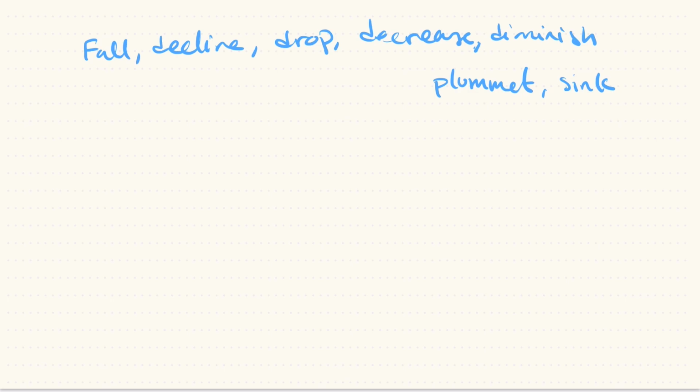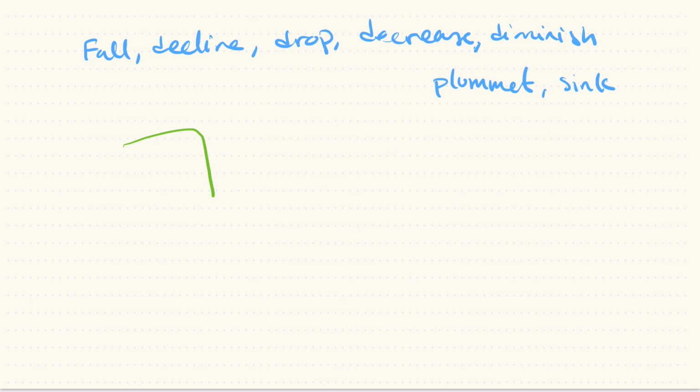Essentially, those adverbs have the opposite effect. So for example, something that plummets sharply is this kind of trend. It was going up and all of a sudden plummets. Same as sinks. Something that sank very dramatically, meaning that it was, let's say, going steadily or going up a little bit, and all of a sudden it sank dramatically.